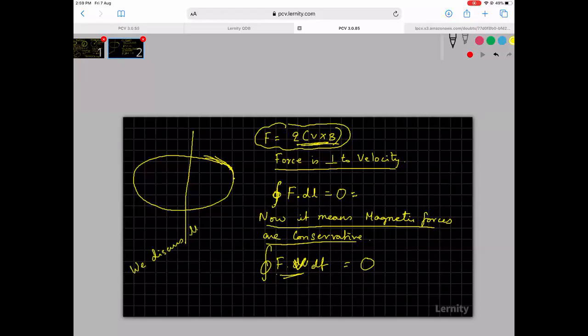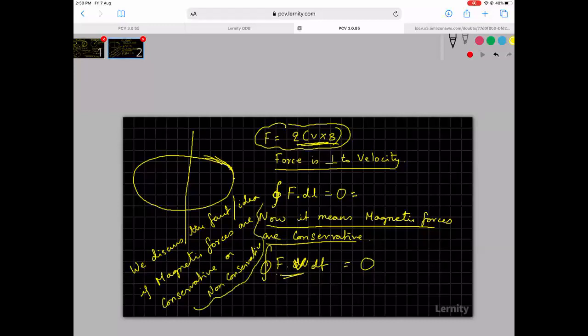We don't discuss whether magnetic forces are conservative or non-conservative.